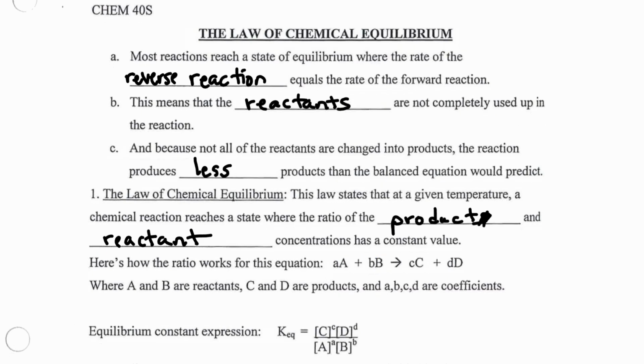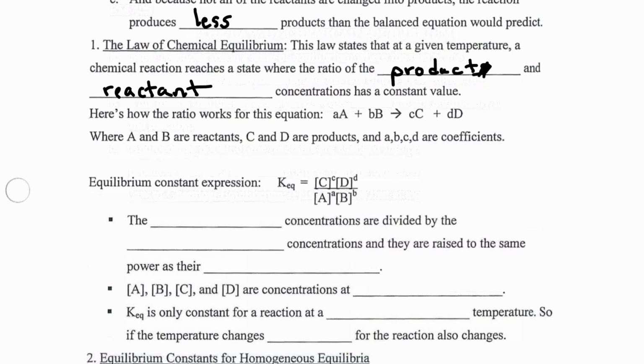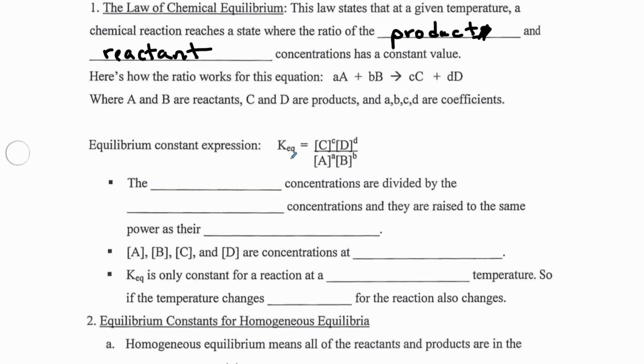We can derive the KEQ, the constant value. So this is what this is. It's a constant by taking the concentration of the products raised to their coefficients, so the product of those, divided by the product of the concentrations of the reactants raised to their coefficients. So the product concentrations are divided by the reactant concentrations, and they are raised to the same power as their coefficients from the balanced chemical equation.